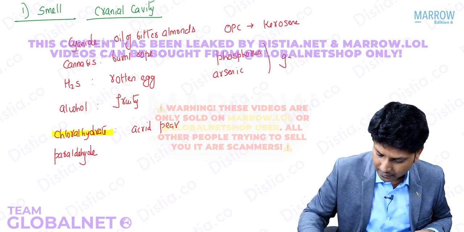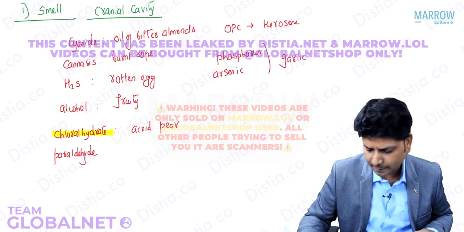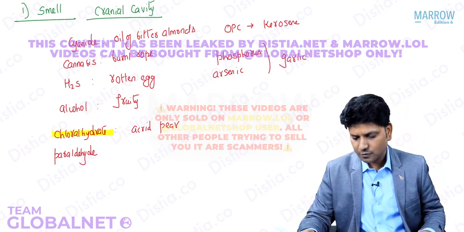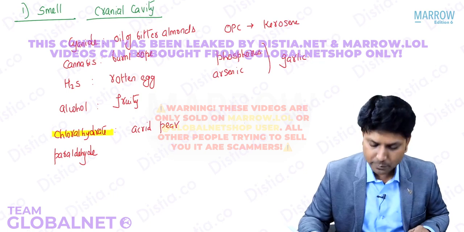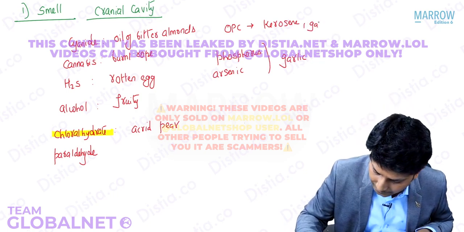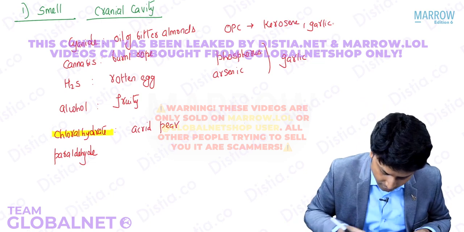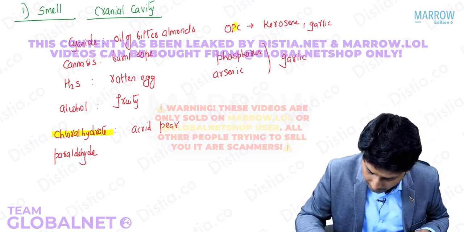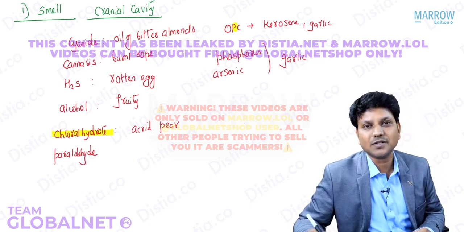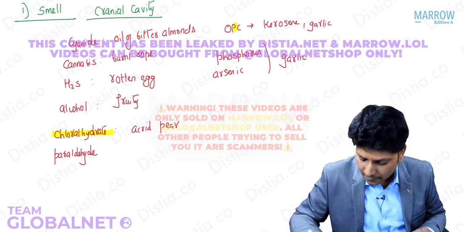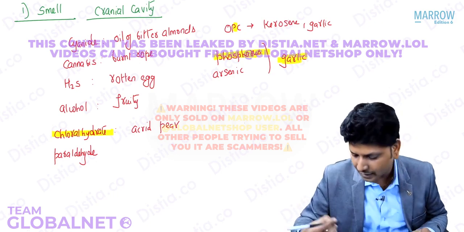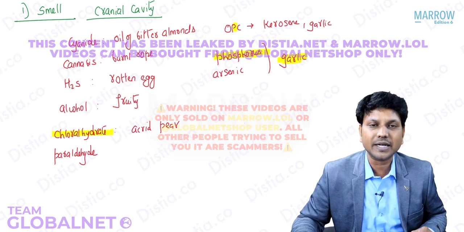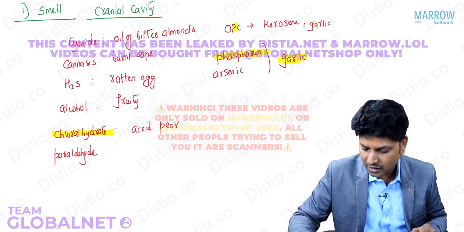Okay, remember phosphorus and arsenic, garlic. In some of the cases, even OPC poisoning may also be having garlic odor. Right, that is because of the presence of phosphorus group in organophosphorus compound. Because phosphorus is a garlic odor, you can remember some of the cases where the OPC poisoning will also be having garlic odor.